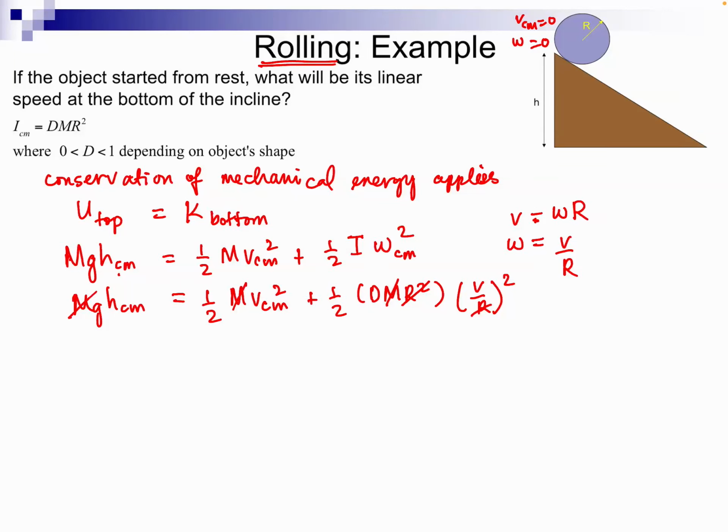I'll just remove the subscript center of mass because we're clear that we're looking at the motion of the center of mass anyway. So gh is equal to 1/2 v squared plus 1/2 d v squared.